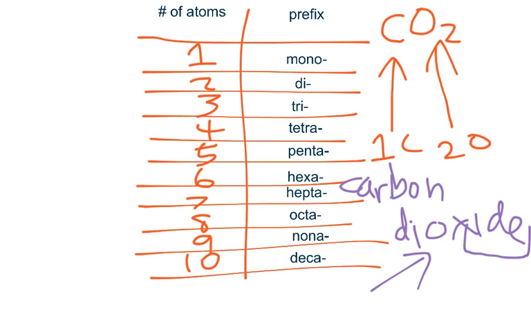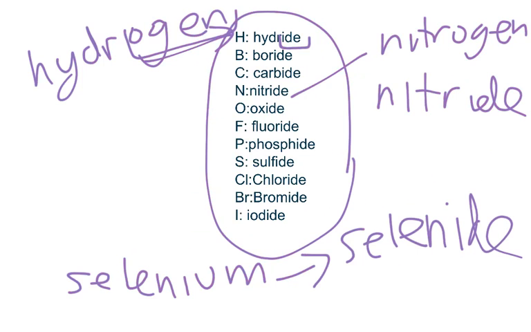Now let's go back to this list. So CO2 will be carbon dioxide. And remember, if the first element has only one atom, then we omit the prefix. Let's try a few more. How do we name CF4?